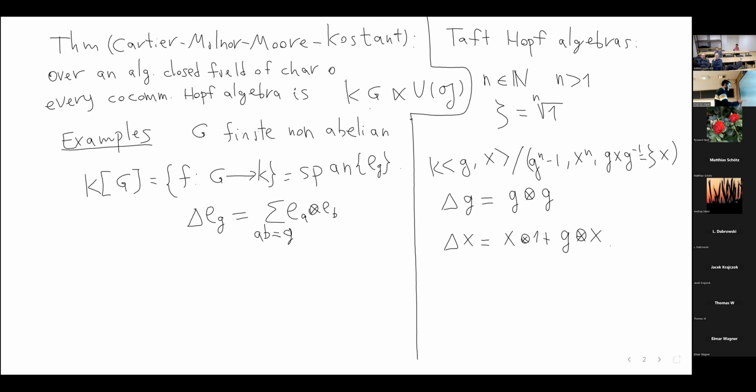Okay, so previously, when I spoke about the Lie algebra case, I just had something like X tensor 1 plus 1 tensor X. This is what is usually called primitive elements. And here I have what I call skew primitive elements.